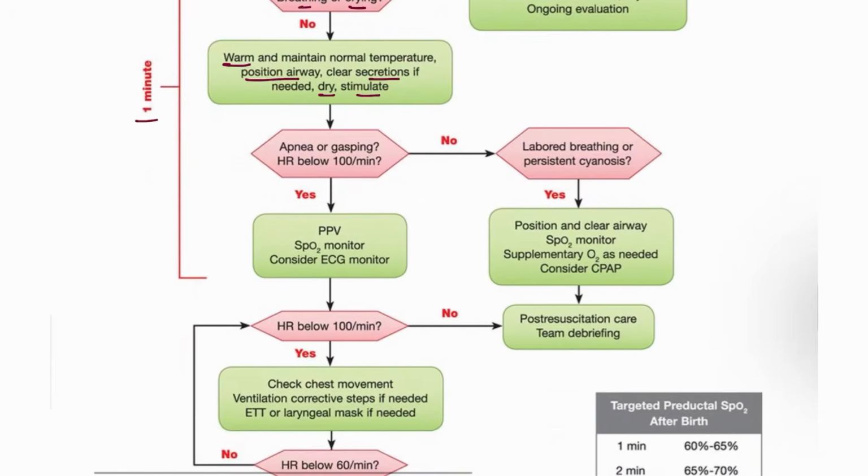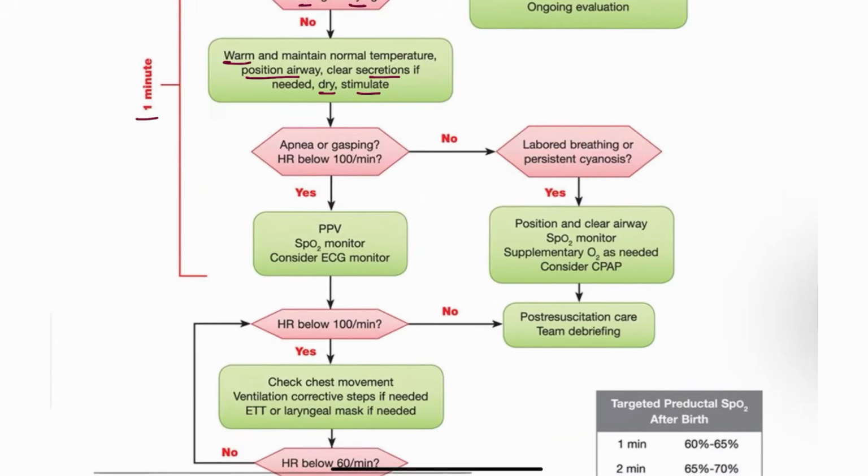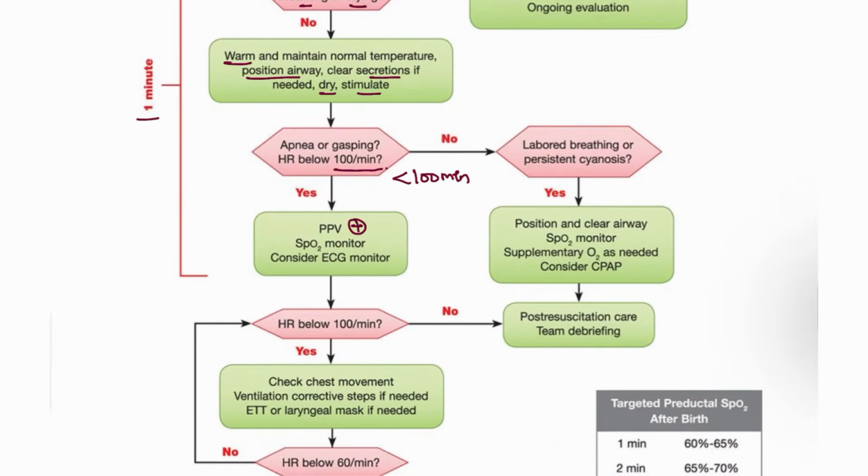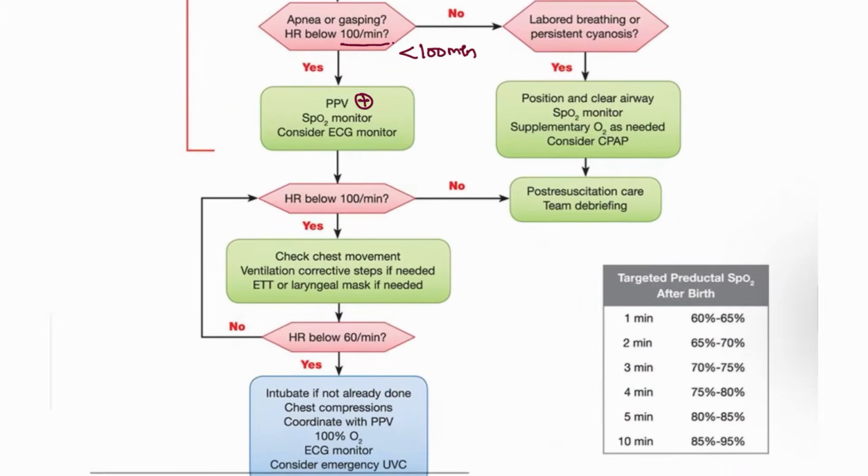Even after that, if the baby shows apnea and gasping, and the heart rate is less than 100, then you have to immediately move to positive pressure ventilation. Positive pressure ventilation should be done for the baby.